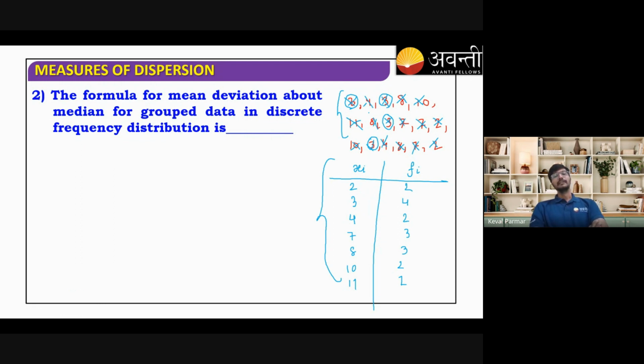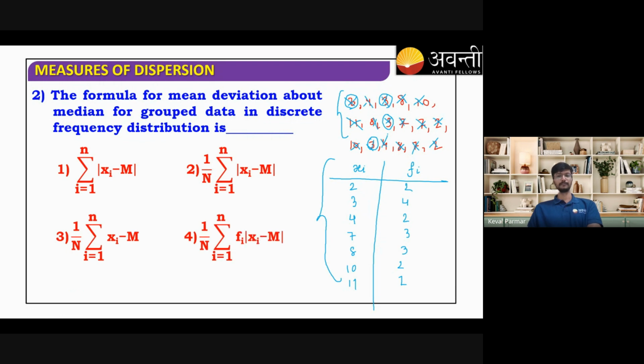The difference in the formula, guys, is only in f; frequency doesn't come in ungrouped data. So let's see the options. Come on, I gave you the biggest hint. It's grouped data, which means frequency should come. So the answer is option number 4.